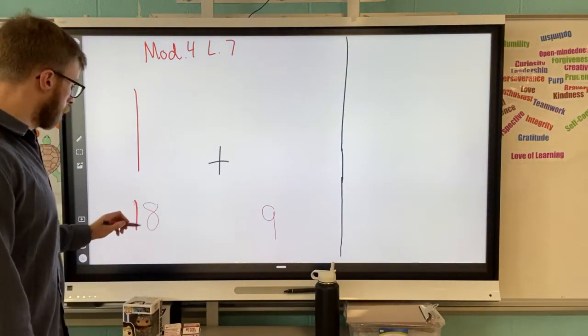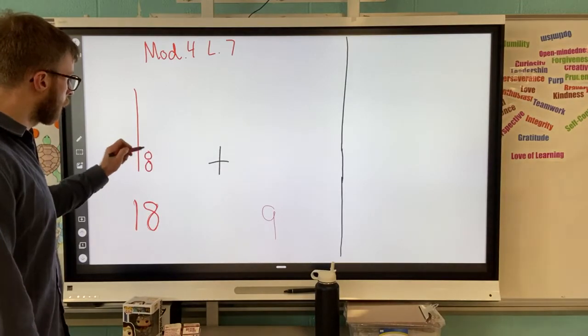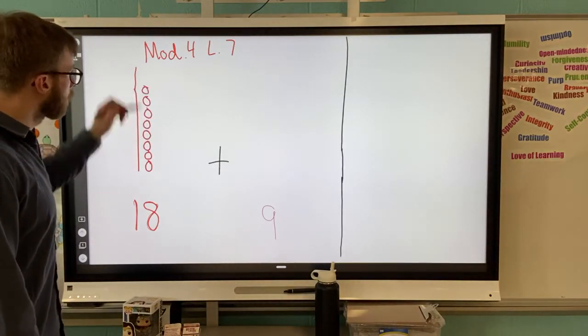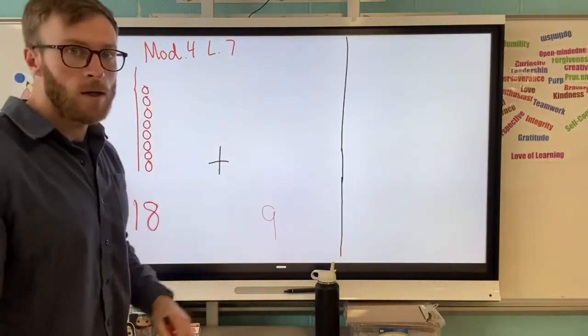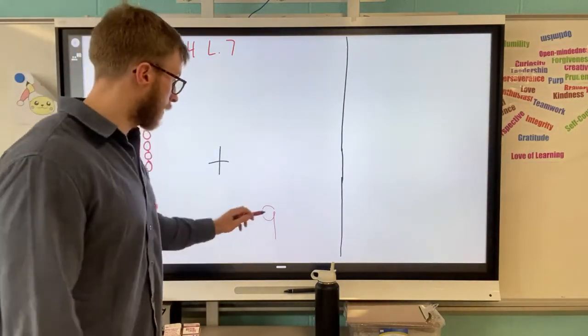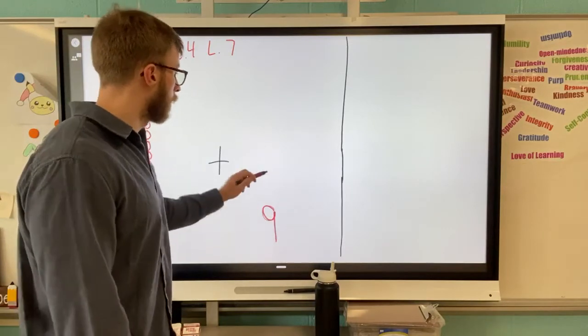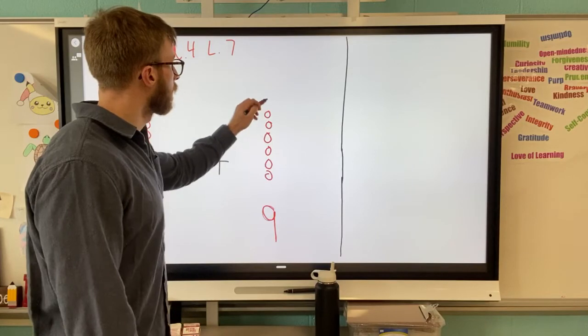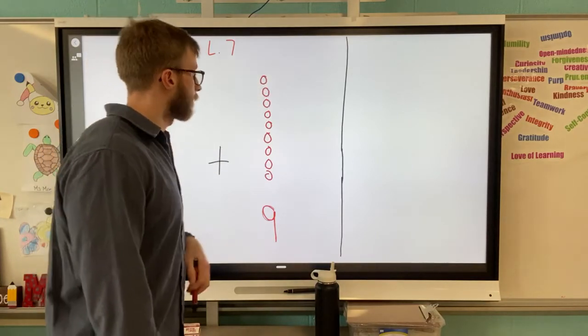Can you guys see this? And 8 1s. 1, 2, 3, 4, 5, 6, 7, 8. And then over here, I have no 10s, only 9. So I just draw 9 1s. 1, 2, 3, 4, 5, 6, 7, 8, 9.